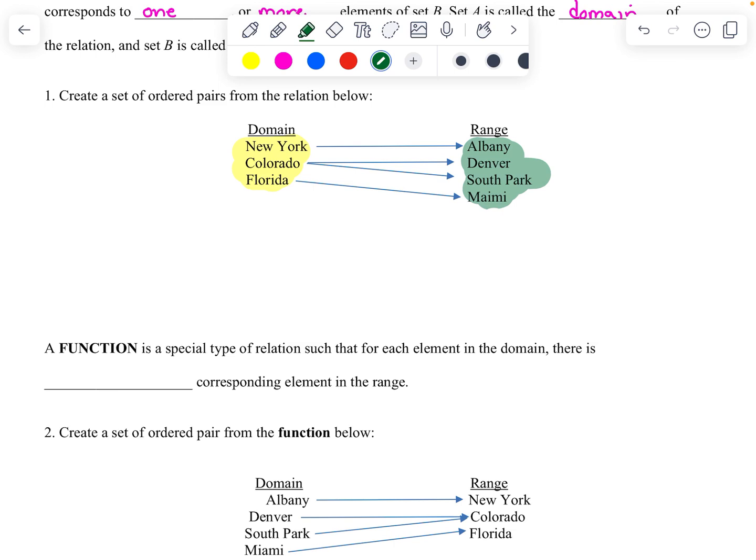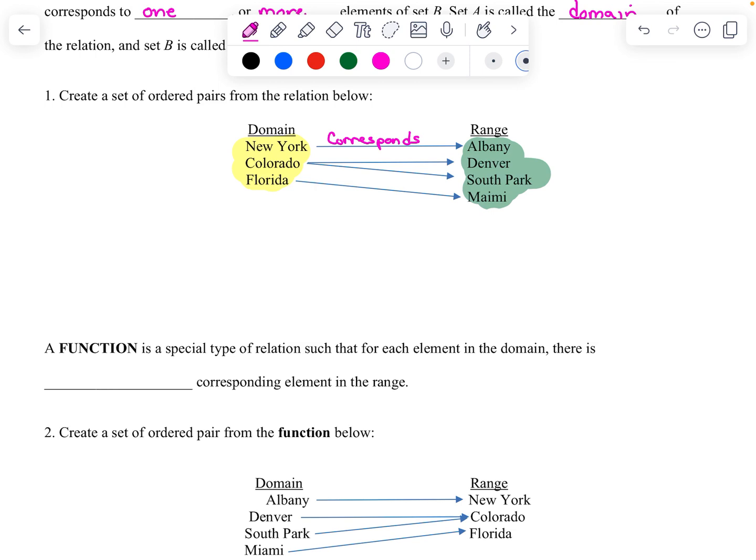Now notice the arrows that extend from each state. Those arrows represent the correspondences. So New York corresponds to Albany, and Florida corresponds to Miami.